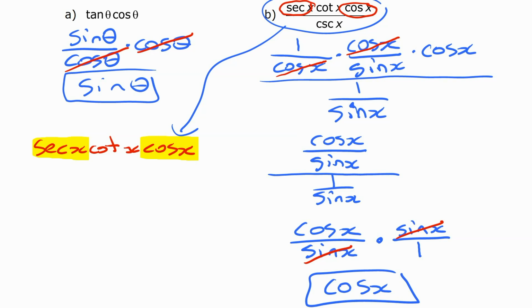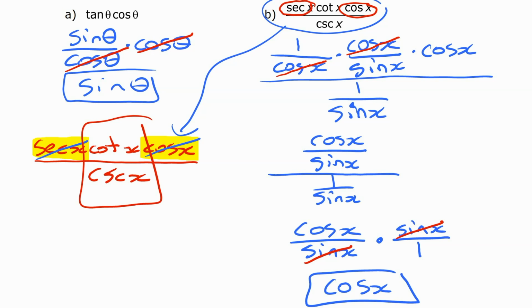So what you can do then is say those two things are going to multiply to 1. So I'm going to just cross them out, cancel them right away. And I just have cotangent on the top. And you might decide to leave this cosecant on the bottom like that, so that you have cotangent over cosecant.